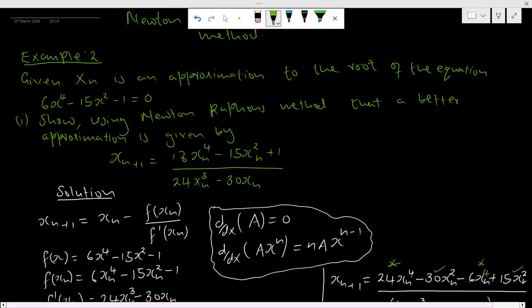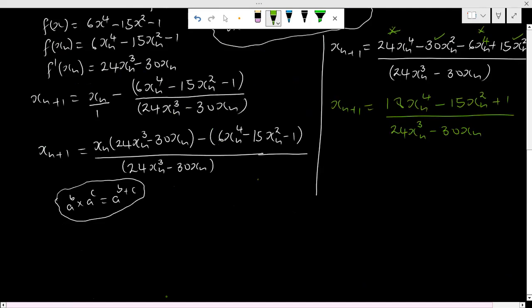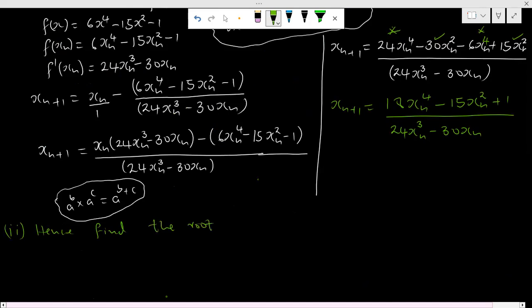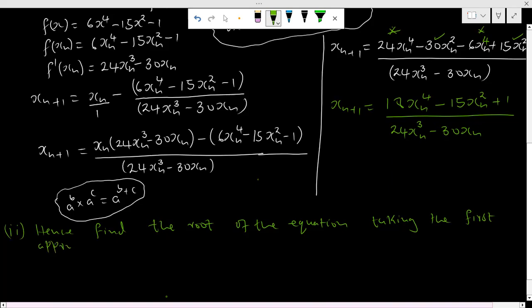So Roman 2: hence find the root of the equation, taking the first approximation x naught is equal to 1.6.